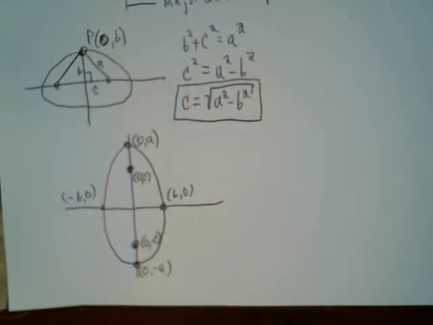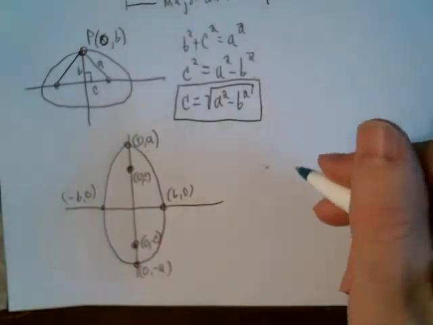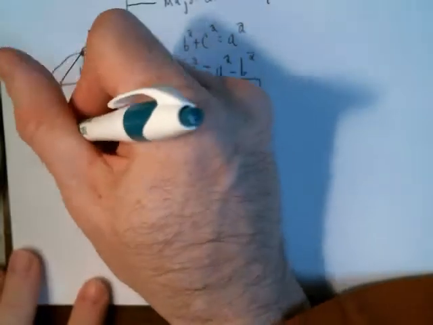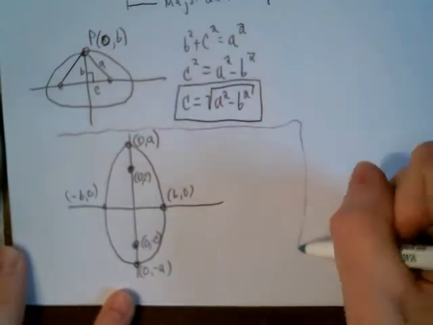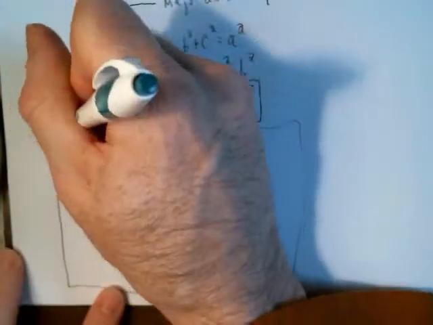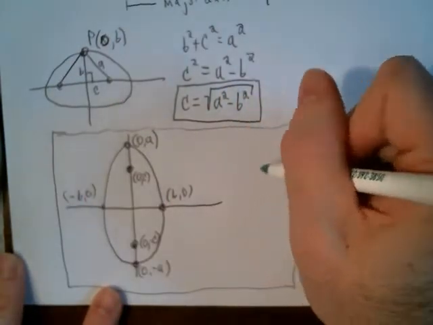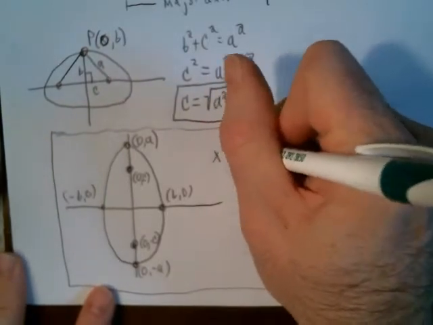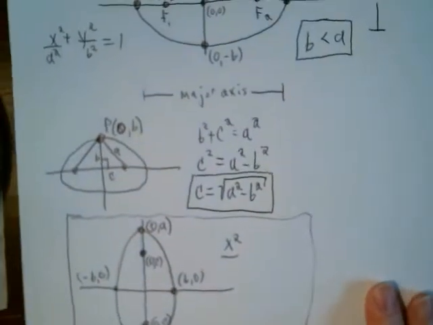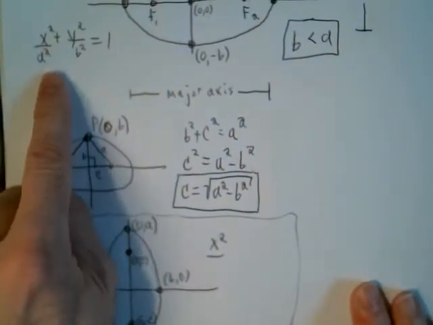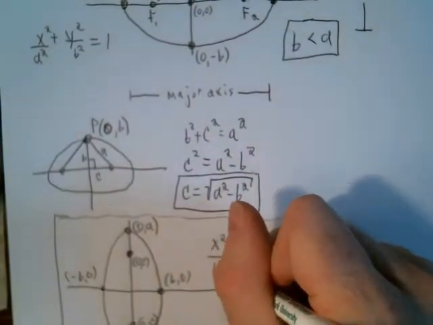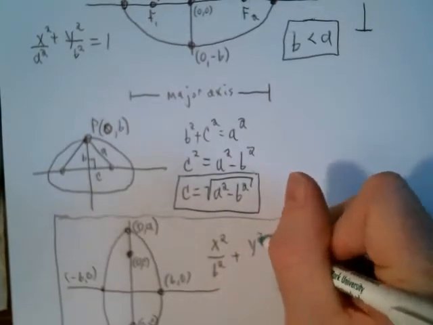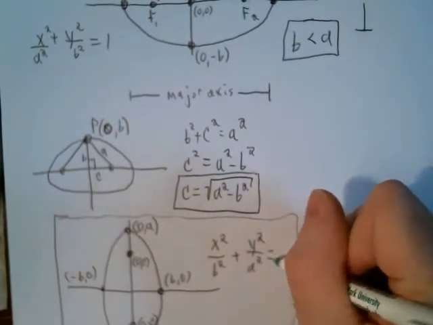Okay, so this is the same deal. The formula changes a little bit in this new orientation. The a value now is associated with the y term. So you would have x squared all over b squared, instead of a squared like we did before, and then plus y squared all over a squared equals 1.